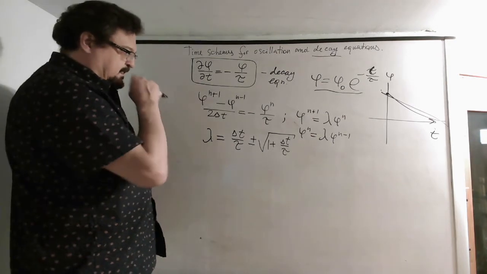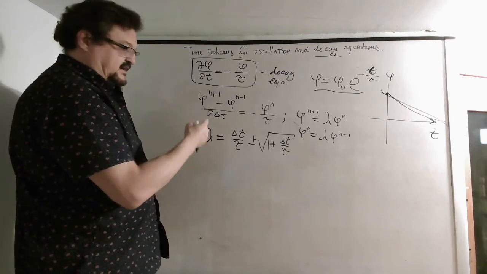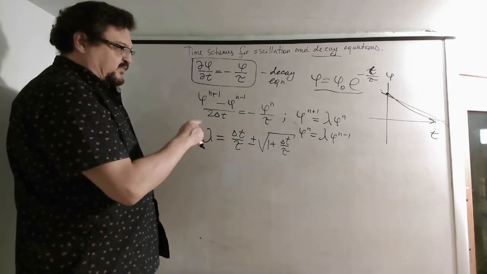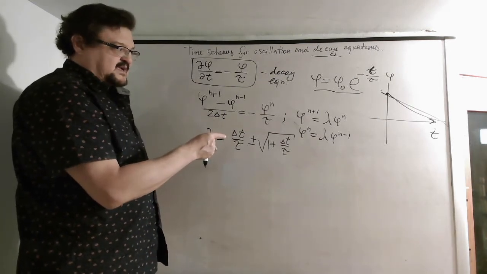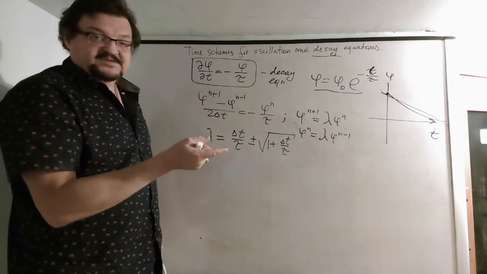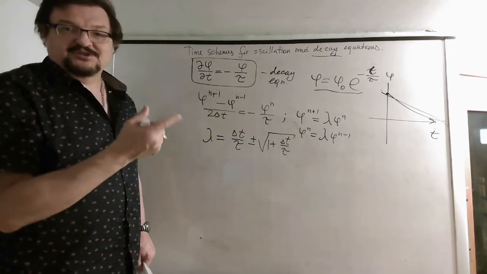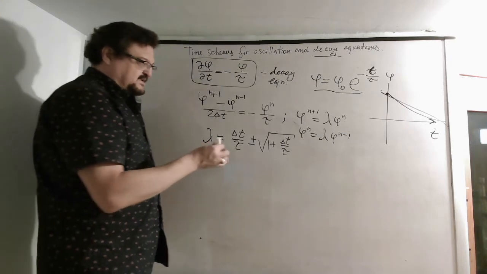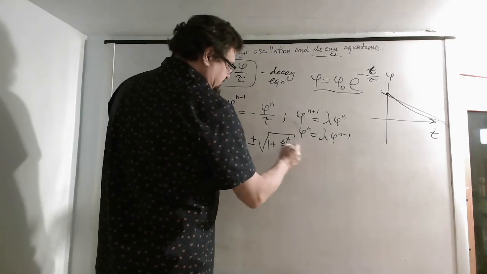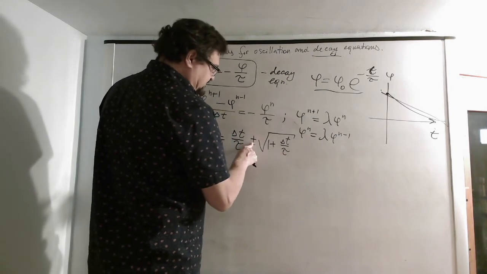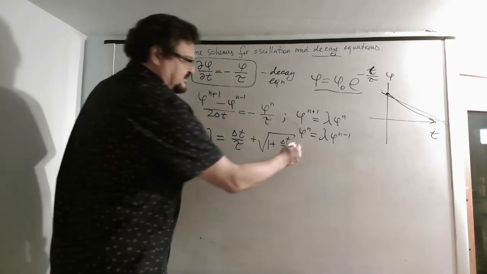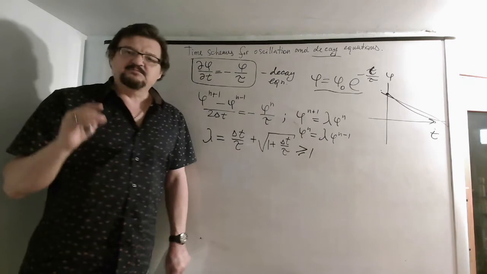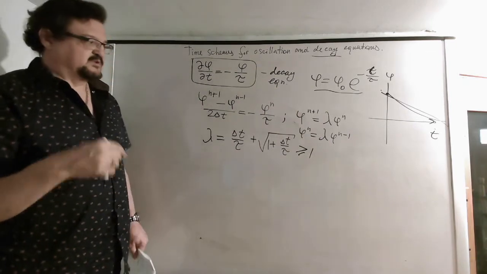So from that you see that there are 2 lambdas, and they both coexist at the same time, so there is a computational mode here, right, as before. The real mode, though, is always greater than 1. So for this plus sign here, we see that this guy is greater than 1. So that mode will make it unstable and will blow it up.